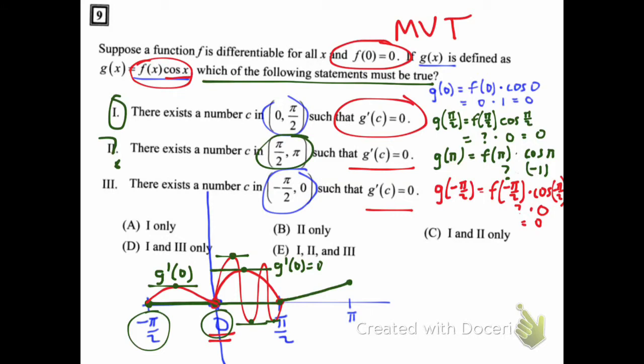This is actually a special case of the mean value theorem called Rolle's theorem. When g at one endpoint is equal to g at the other endpoint, we're guaranteed that g prime will be equal to 0 somewhere. And therefore, since 1 and 3 are the only ones that are true, D is the correct answer.